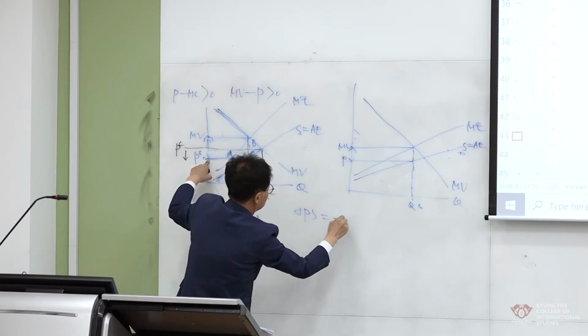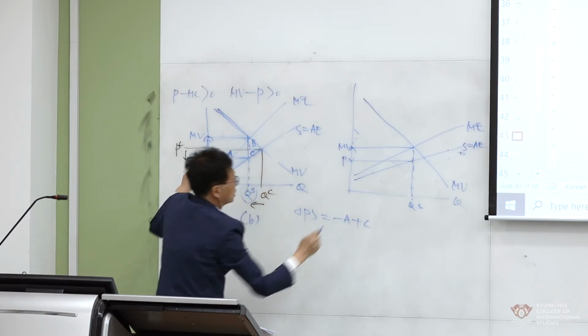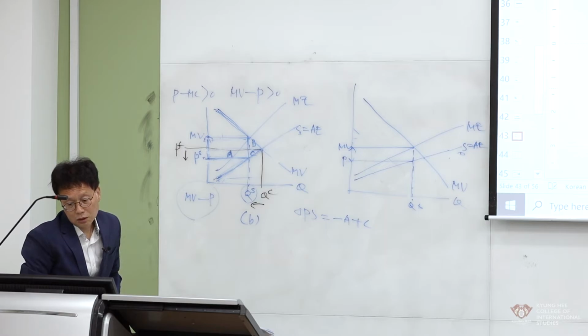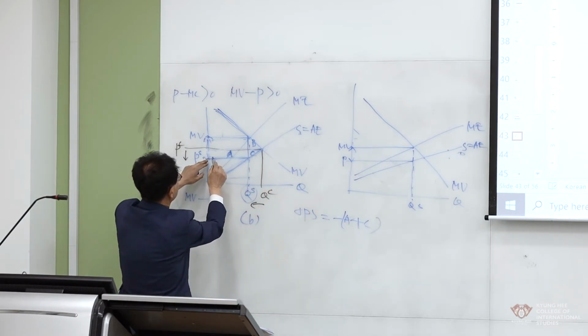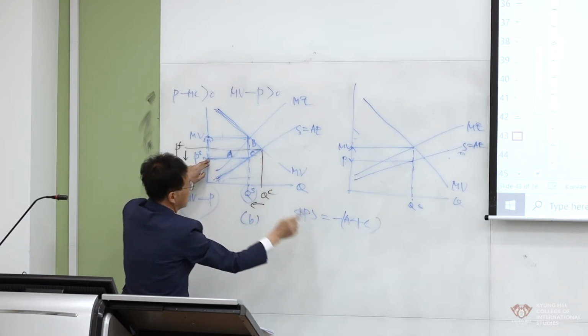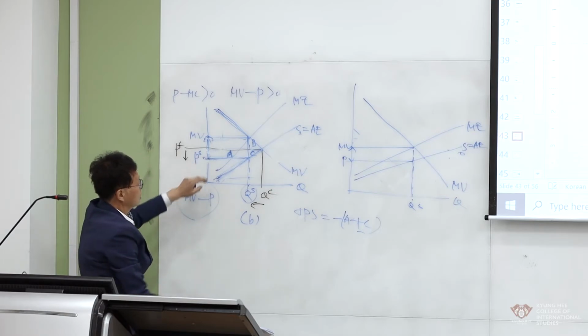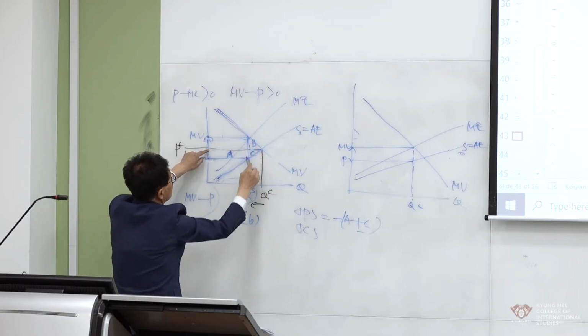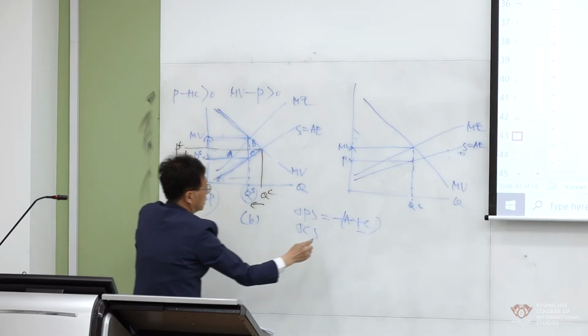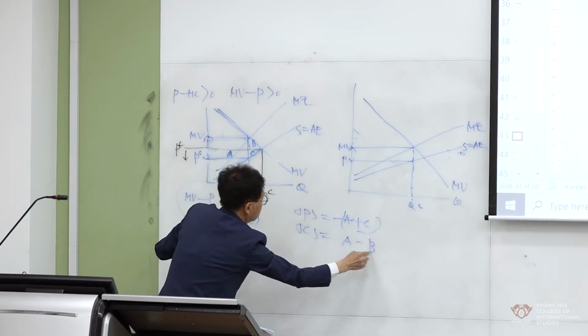So minus A plus C, right? Minus A plus C. Producer surplus here, now here. So minus A plus C. Change in consumer surplus, this one to this one. So A minus B. That is A minus B.